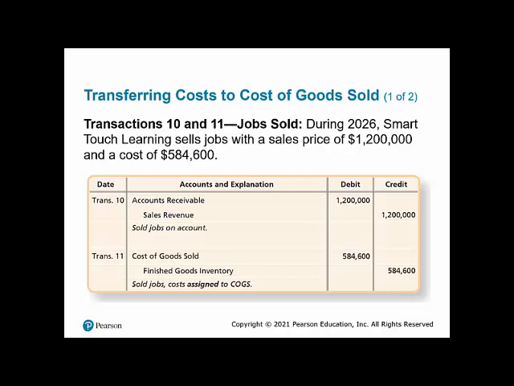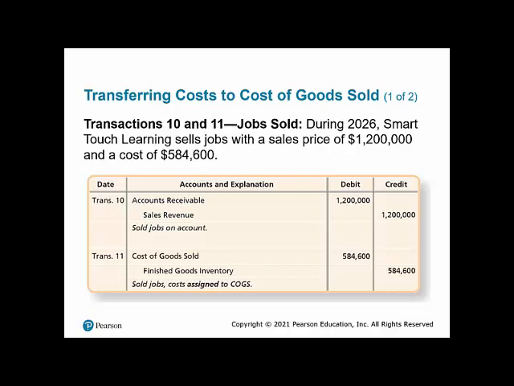Now, as the jobs are sold, Smart Touch Learning would need to record an entry for the sale of the goods and an entry to record cost of goods sold. Again, we are looking at summary entries. If Smart Touch Learning sold $1,200,000 of goods with a cost of $584,600, they would first record the sale by debiting accounts receivable and crediting sales revenue for the $1,200,000.